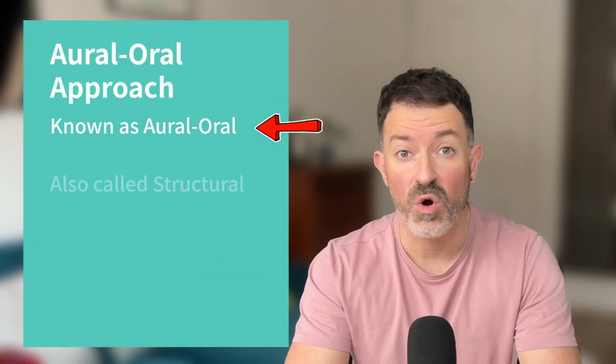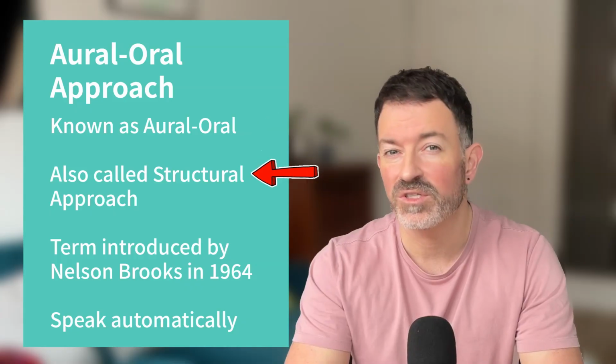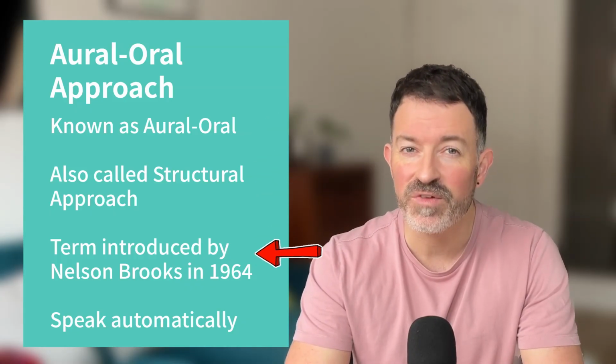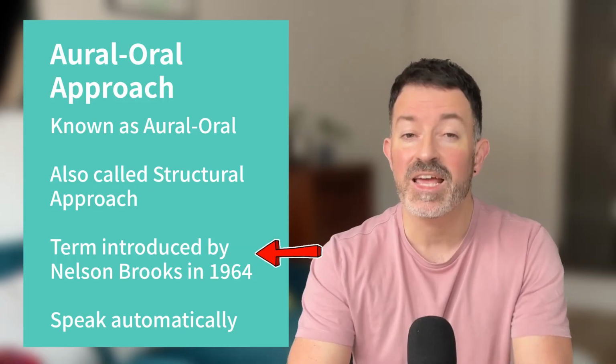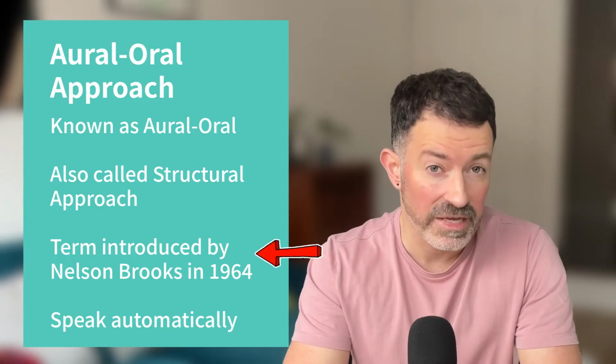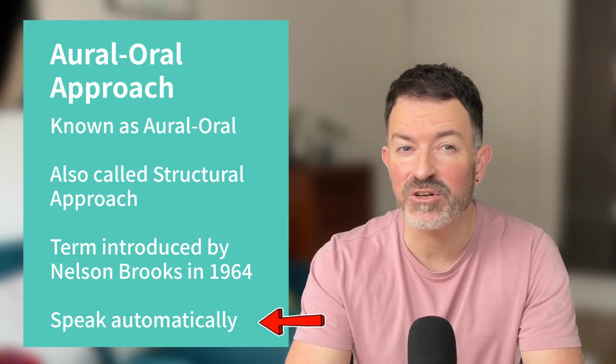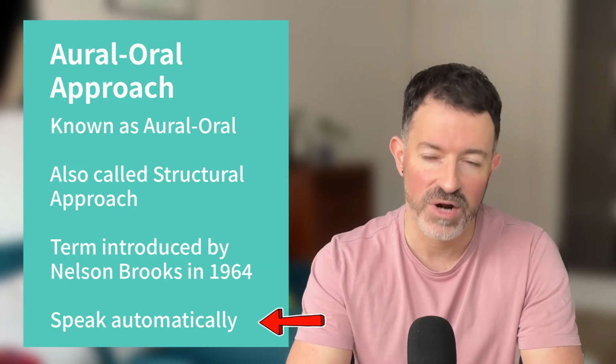After World War II, universities became quite interested in this method and in an oral focus to language learning. So the method became known as the oral or structural approach. And in 1964, Professor Nelson Brooks introduced the term audiolingualism. The goal was to speak automatically and accurately through structured practice.